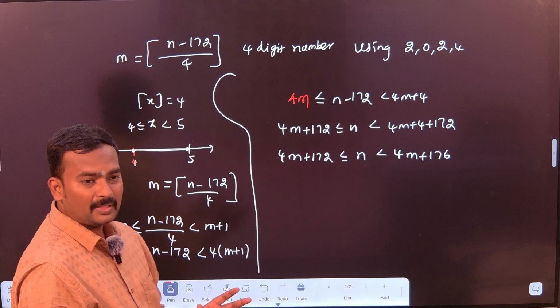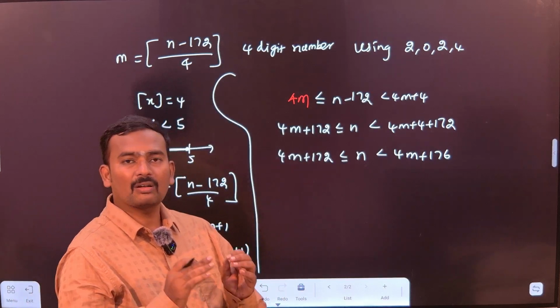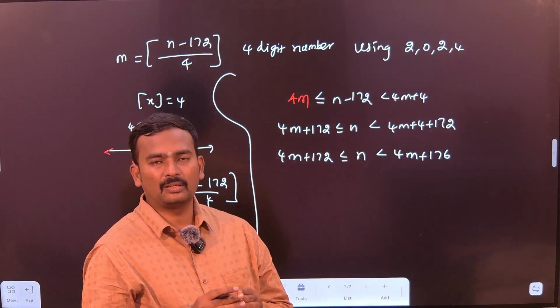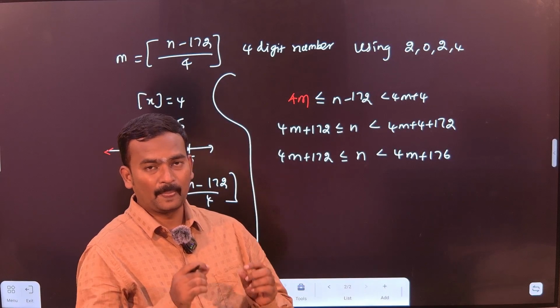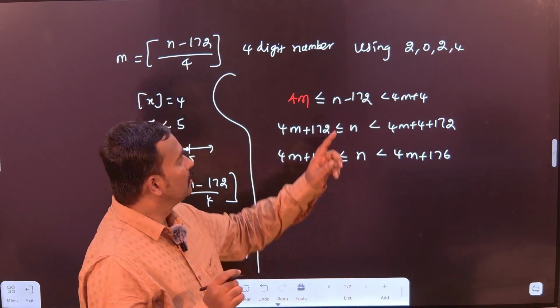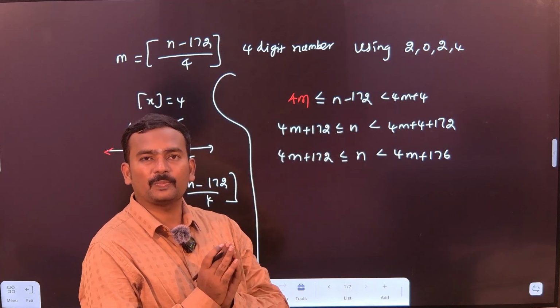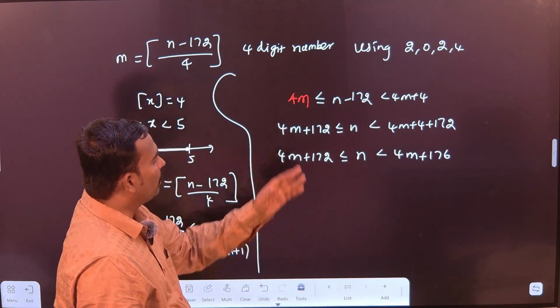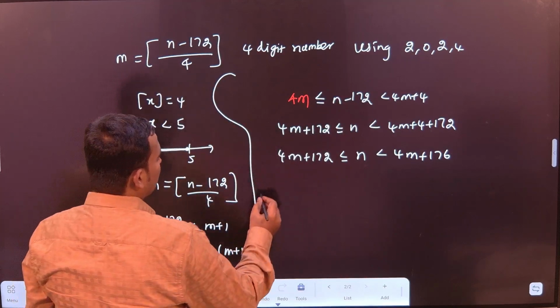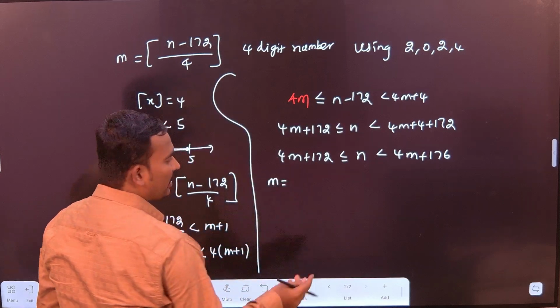Now your target is, we already found that 9 four-digit numbers are possible using 2024. So among these, which number is possible? You can check one by one, right?